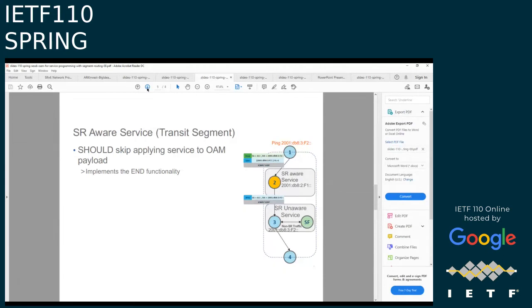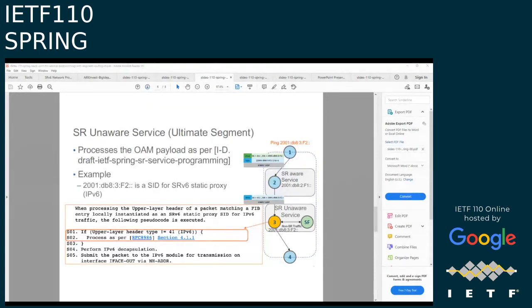So an SR aware service should skip applying the O&M payload to the service, but it should implement the End functionality so that the packet can be sent to the following segment endpoint. In this example, node number 2, which is a transit SR aware service, skips the application of the service, but implements the End functionality and sends the packet out towards node number 3. Next slide, please.